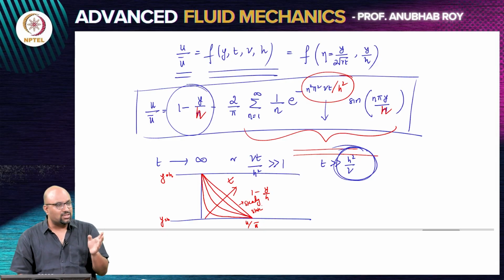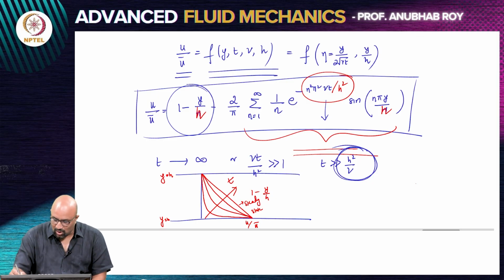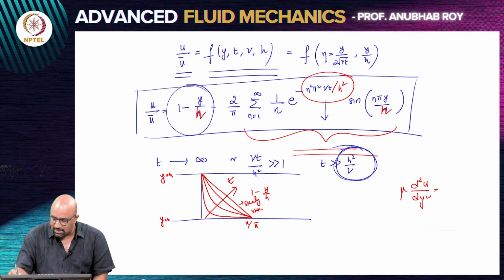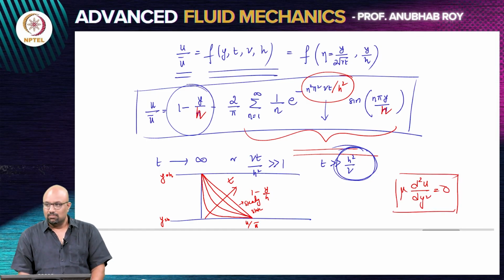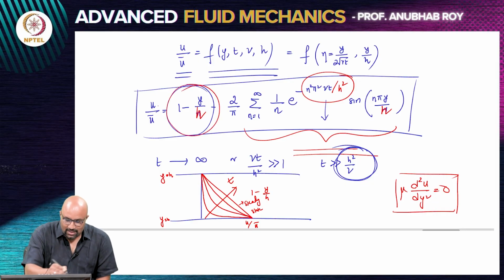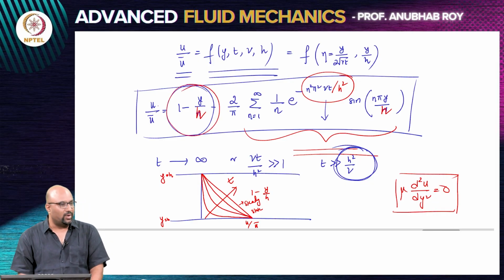So we had a question a few lectures back: when we solved the Couette flow problem, we solved an equation which was d square u dy square is equal to 0. This is what we solved in the plane Couette flow equation, which is to say that the viscous force is 0. What is the role of viscosity? Because the plane Couette solution that we obtained in class was also a solution of the inviscid equation. This linear profile is also a solution of the inviscid equation.